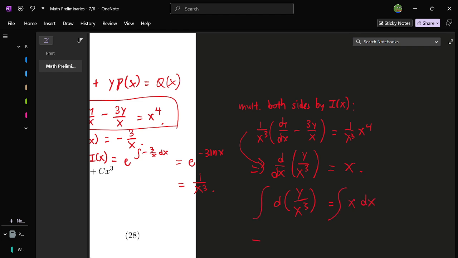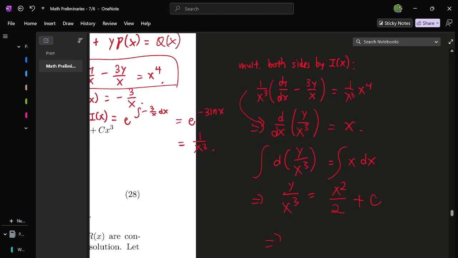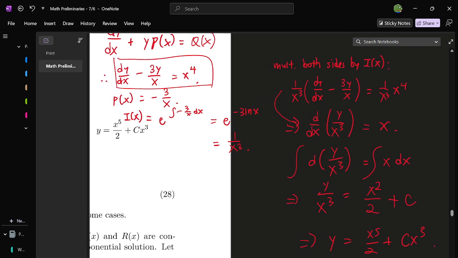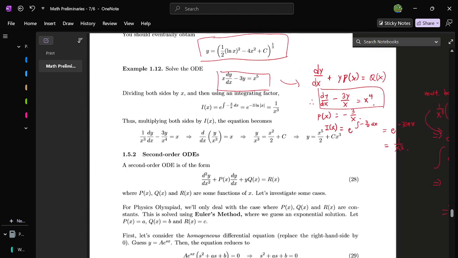You just have to integrate it. And you get the same solution as presented here. So this is how you use your integrating factor.